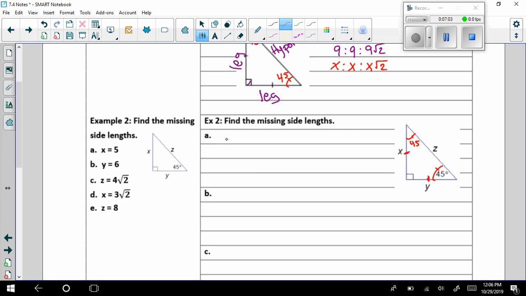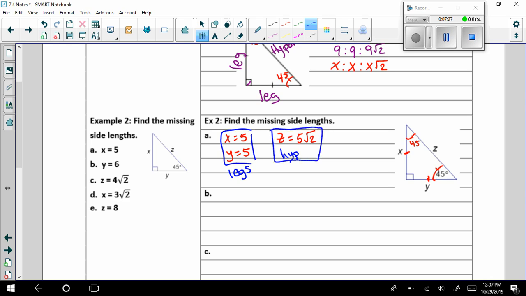So here, if x equals 5, then y is equal to 5, and z would automatically equal 5 square root 2. All right, because these are your legs, so they have to be even, and this is your hypotenuse. So it's times the square root of 2.